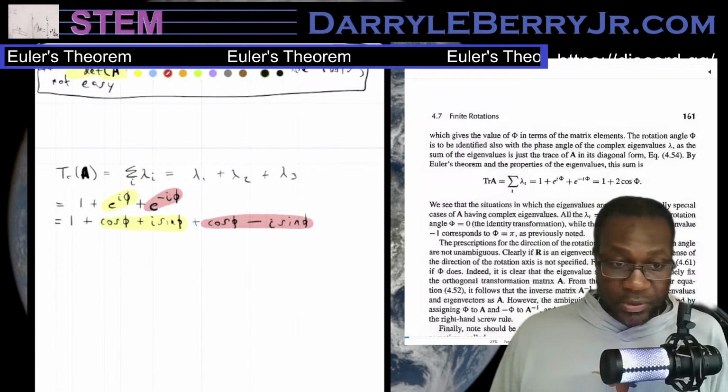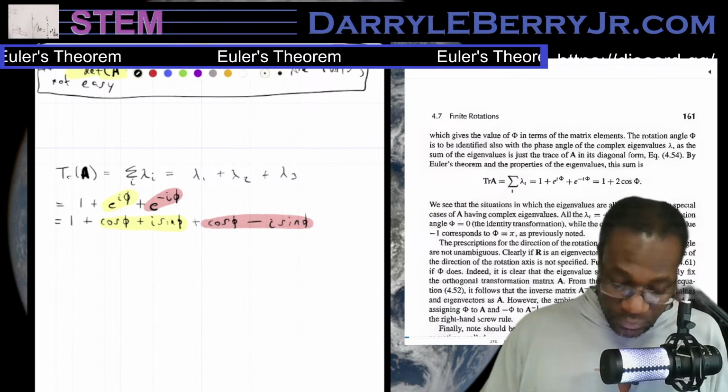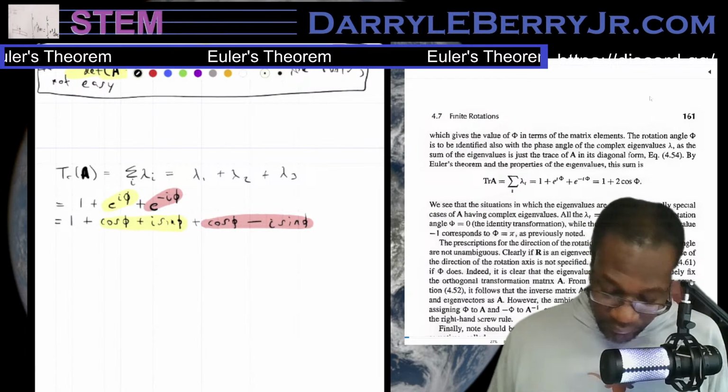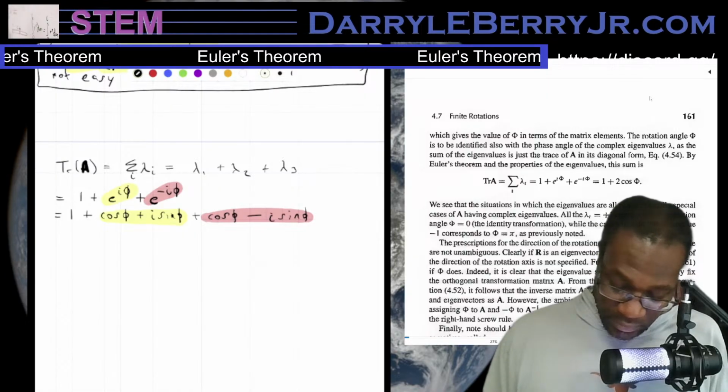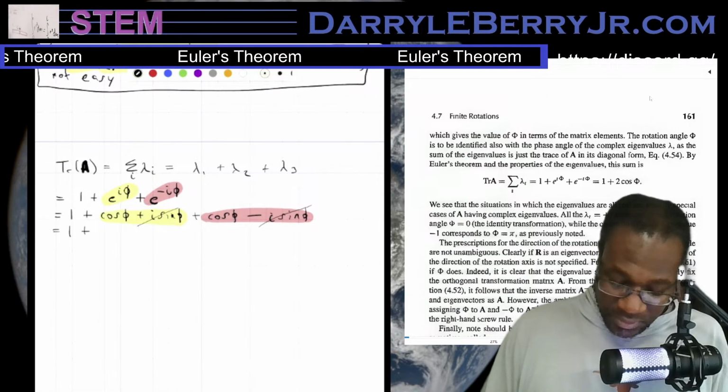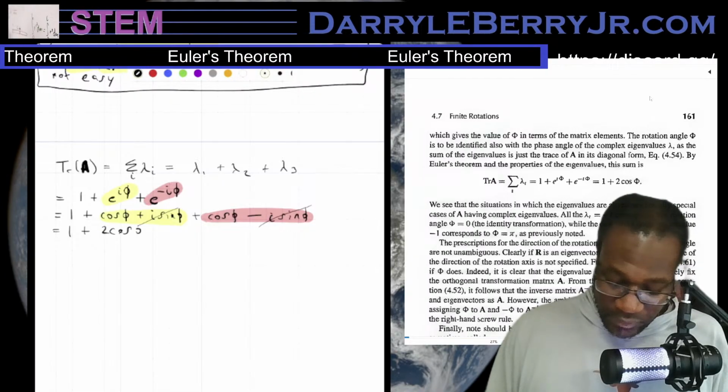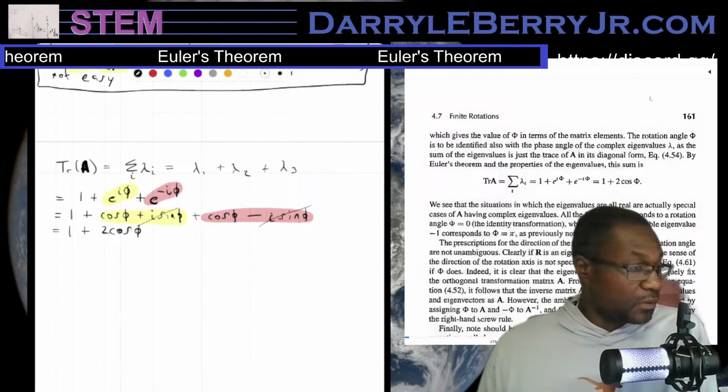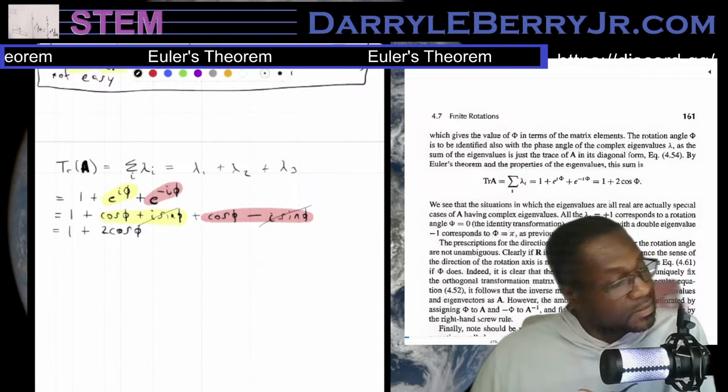So this is Euler's theorem. And we have these canceling, but then we end up with 1 plus 2 cosine phi.